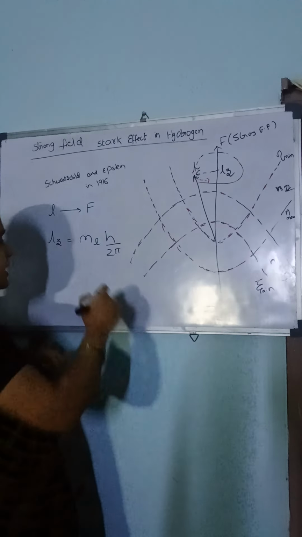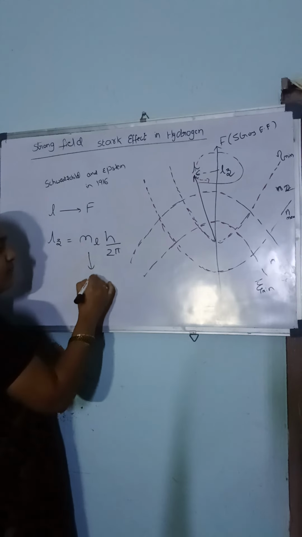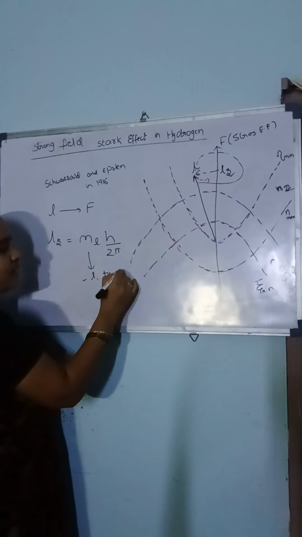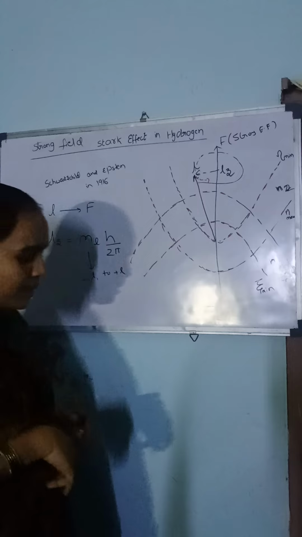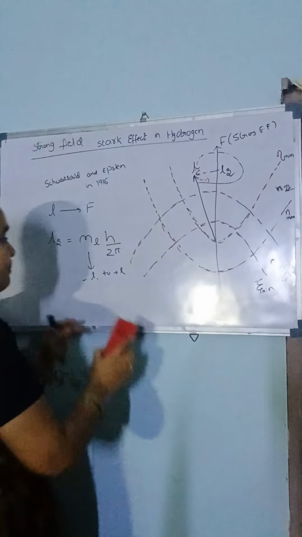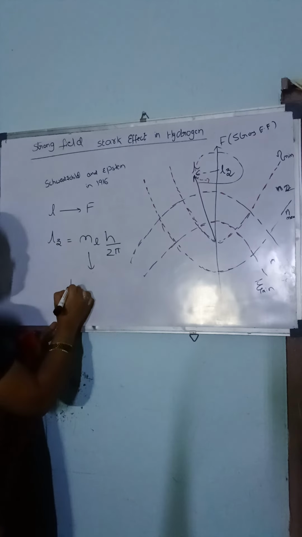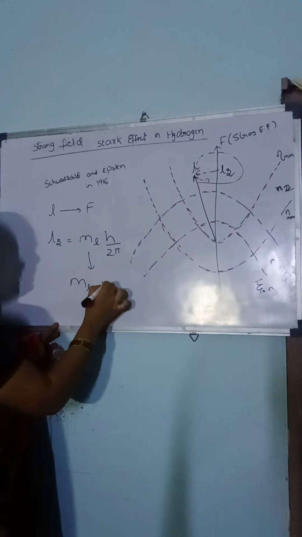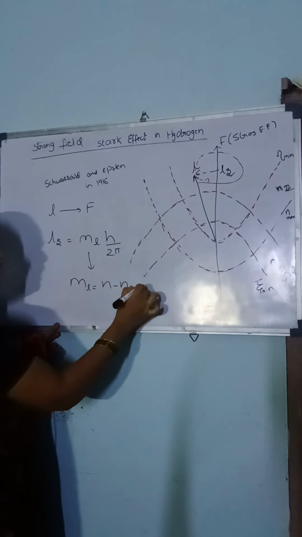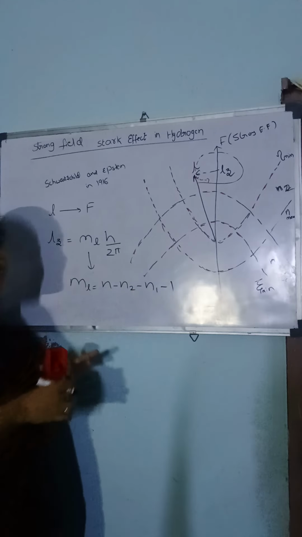Simply, this ml value is from minus l to plus l in previous classes. But in this case, ml is not minus l to plus l. Here the ml value is n minus n2 minus n1 minus 1.